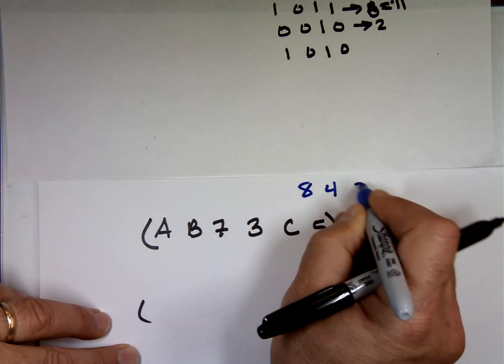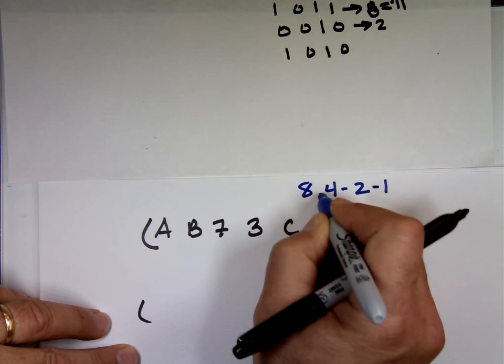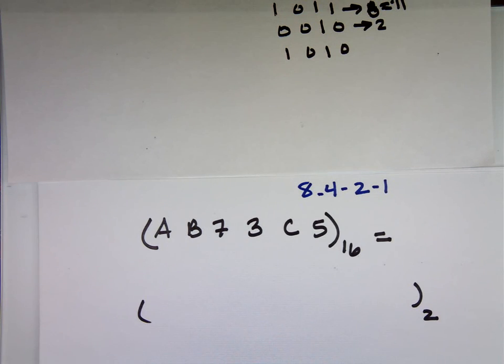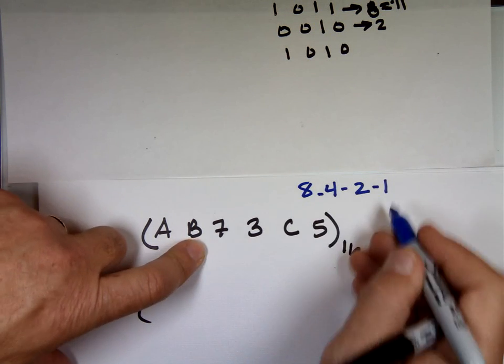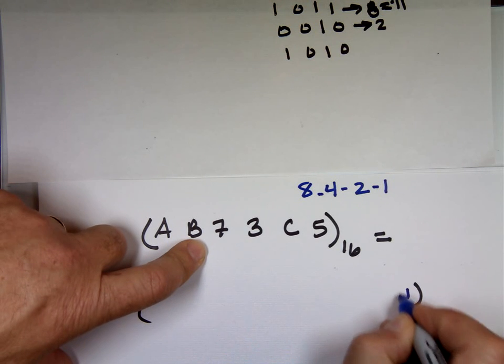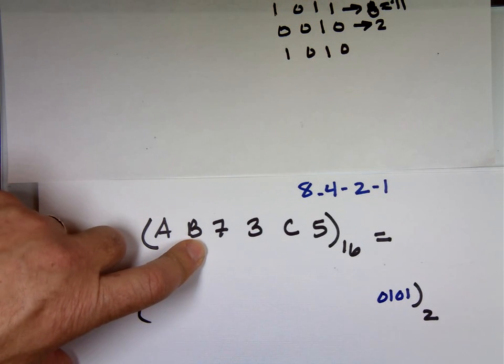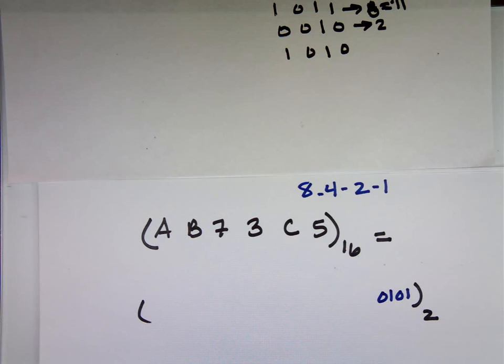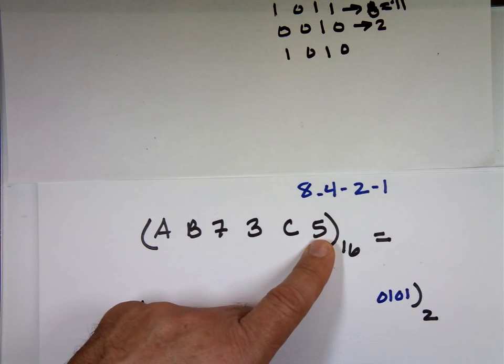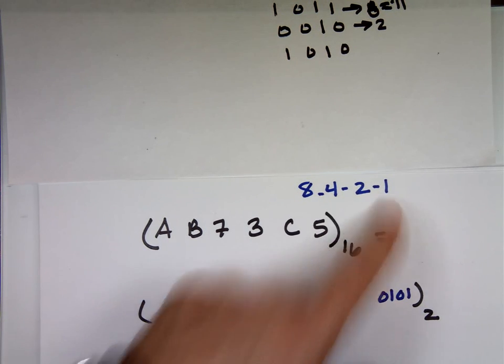Think about the 5. The only way to get a 5 is if you have what? 1 and 4. Isn't that what a 5 is? 0, 1, 0, 1. So let's write them from right to left: 1, 0, 1, 0, right? So the only way to get a 5, it's actually 4 and 1. So we have a 1 here and a 1 here, and you have 0, 0 there.